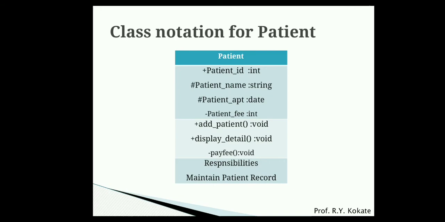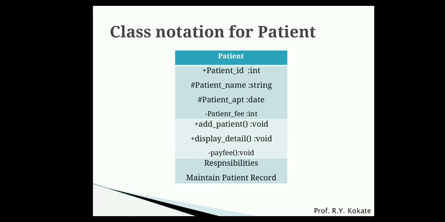Next hash patient name. Hash means what? It is a protected visibility type, available to the current and inherited classes. Patient appointment is again protected type, and last one is your minus sign, which indicates that it is private. It is available only to the current class. All these are the attributes of the class patient.